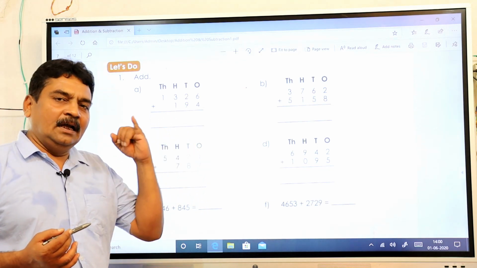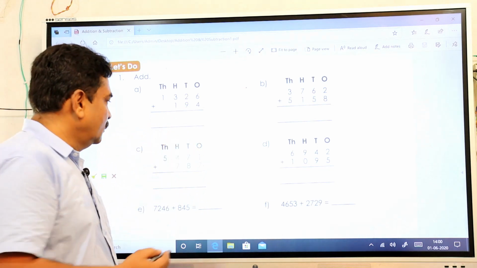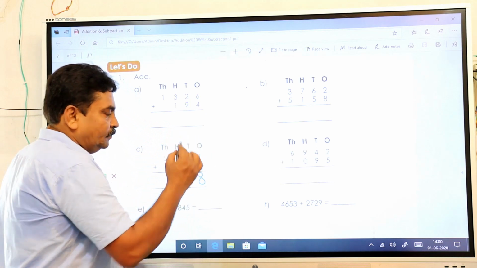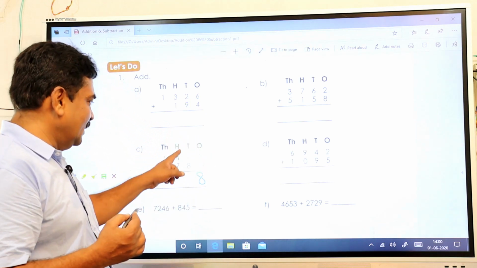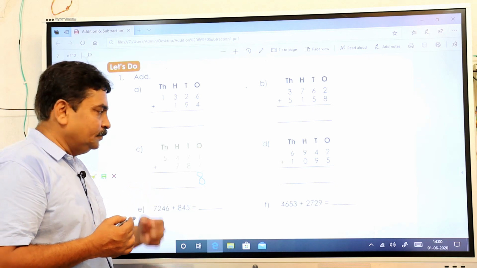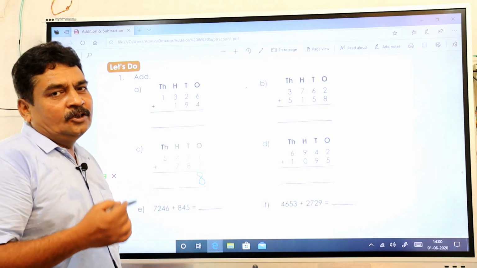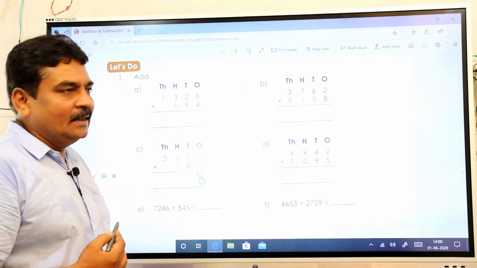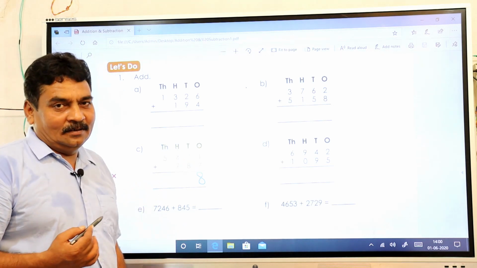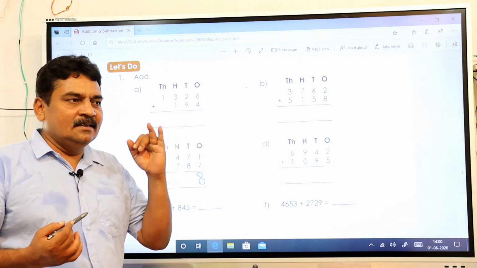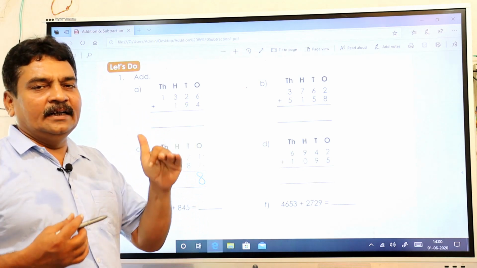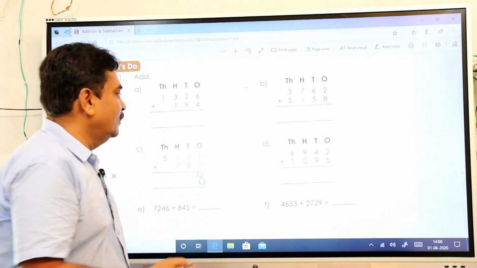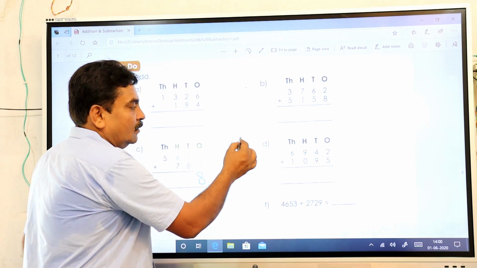So 7, after that 8. Now here you have two numbers, one is 7, another one is 8. Out of these two, which is bigger? 8 is bigger. So keep that 8 in your mind and then add 7 to it. 8, after that 9, 10, 11, 12, 13, 14, 15. So you got 15, right?